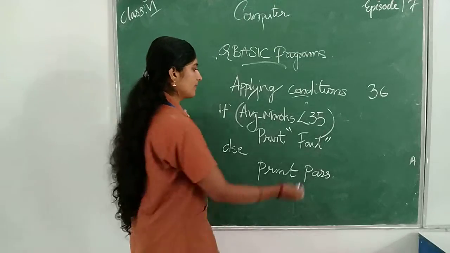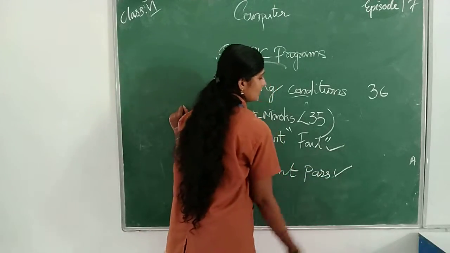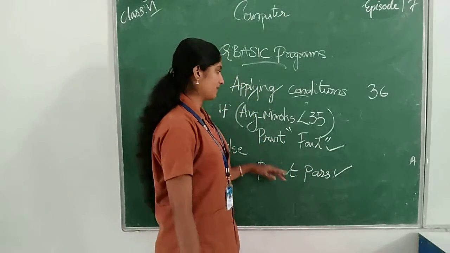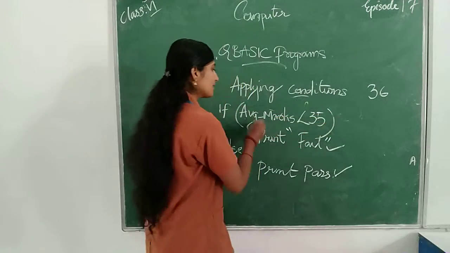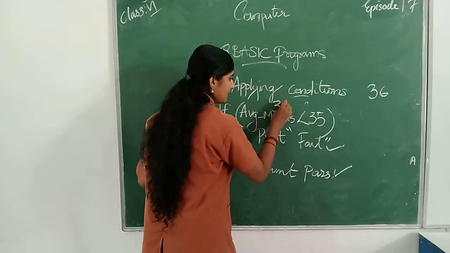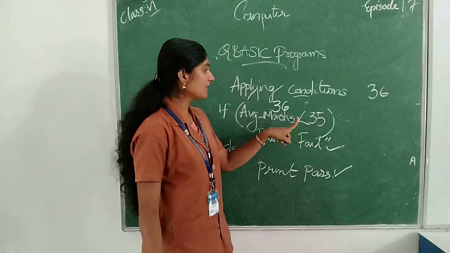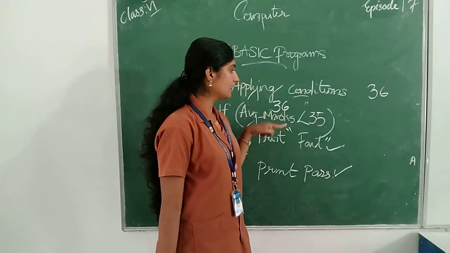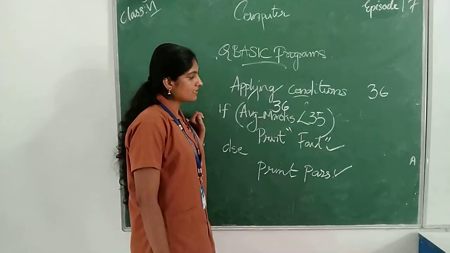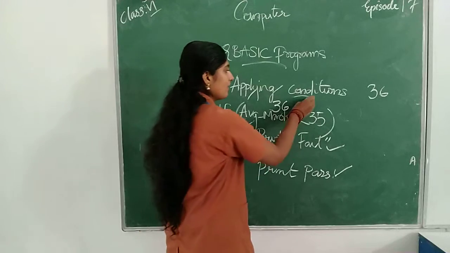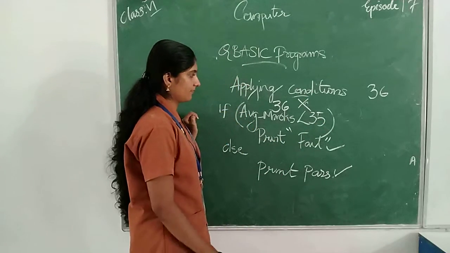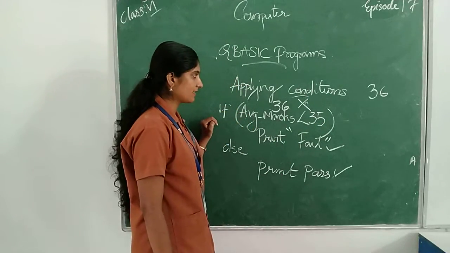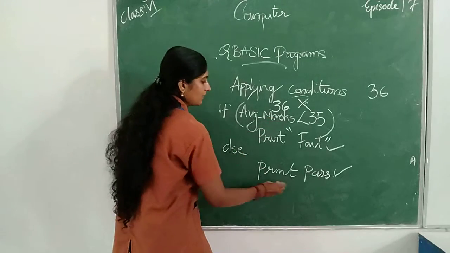So tell me, is she or he fail or pass? So here the average marks is 36, and check the condition: 36 less than 35. So is the condition true or false? The condition is false. So that means he or she will pass.